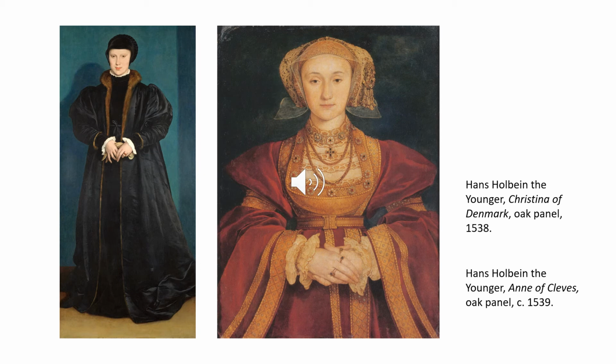So if we start with the portrait that Holbein painted of Christina of Denmark, she's actually Italian. She's from Milan, but she was a widow herself when this portrait was painted, hence her being dressed completely in black.